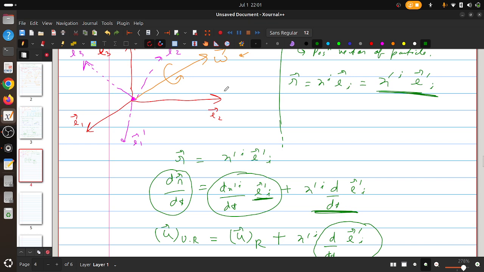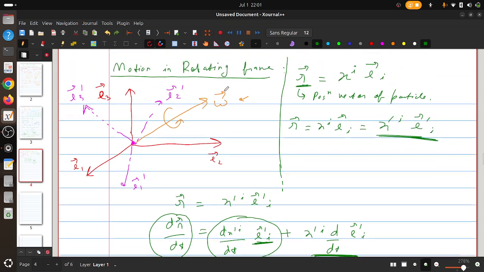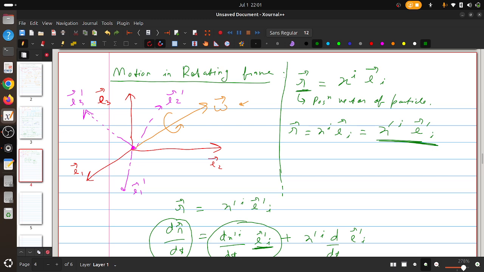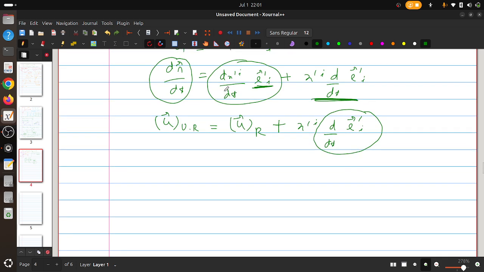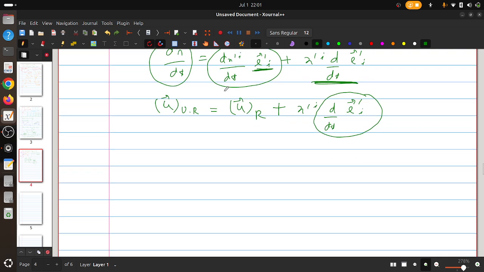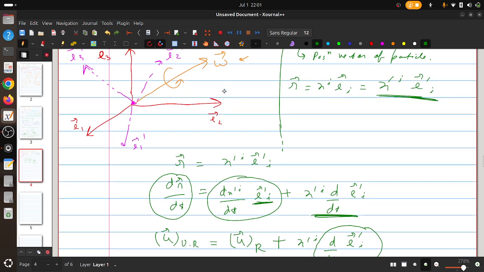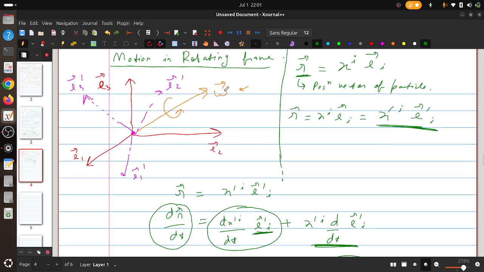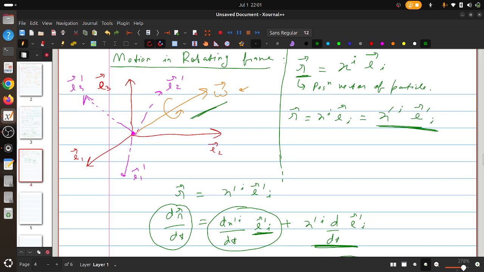So this rotation is a general rotation about this omega vector. What we want to do is split up this e prime i into two components: a component along this omega vector and a component which is perpendicular to the omega vector.